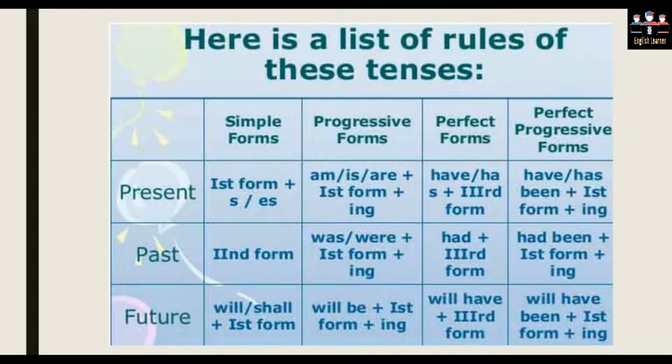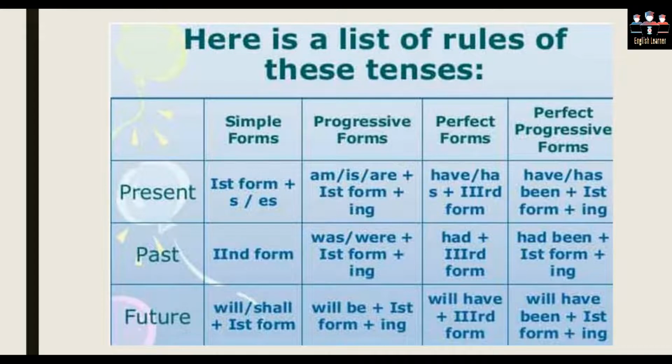Next is future perfect tense. For the perfect part in it, we are going to use the third form of a verb, and for the future impact, we have to use will have as a helping verb here. Will have or shall have depends upon your subject. Same case for the negative sentences.